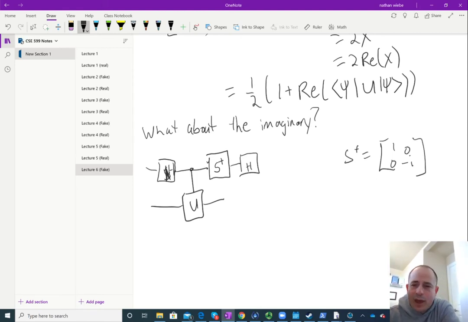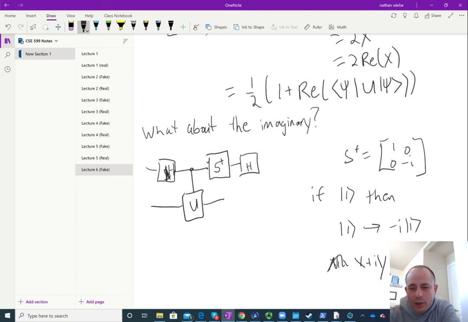And why did I do that? Well, if 1, then this gate does 1 goes to minus i 1, i.e., what it will do is take the components that we have for u and switch the real and the imaginary part, because x plus iy will end up going to minus iy, or minus ix plus y.